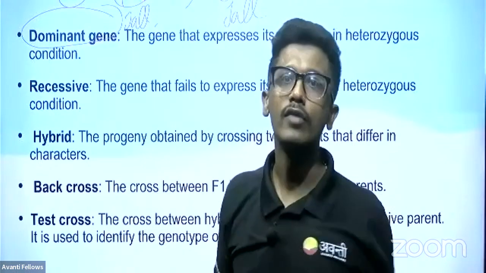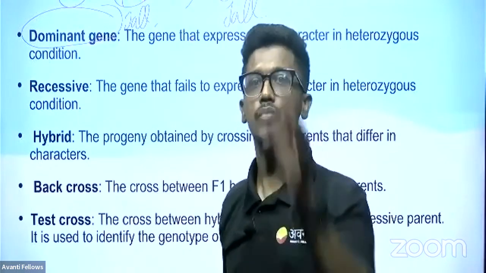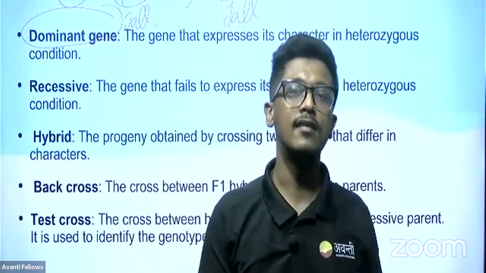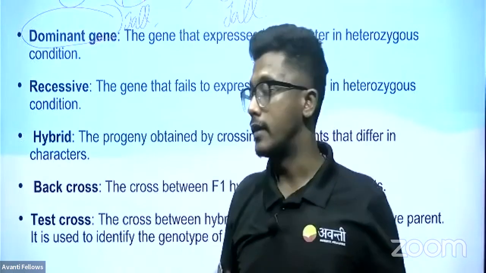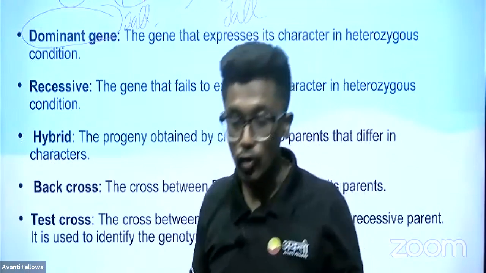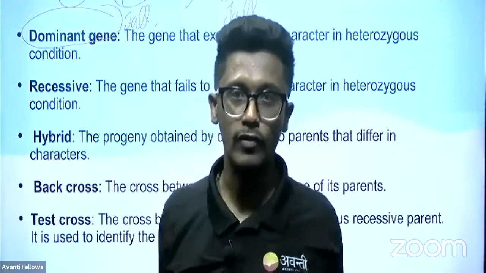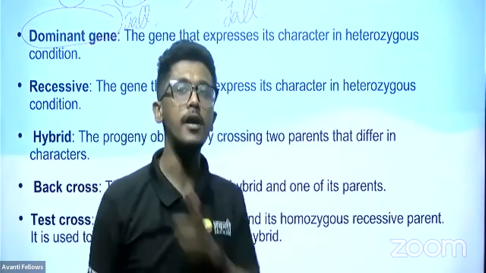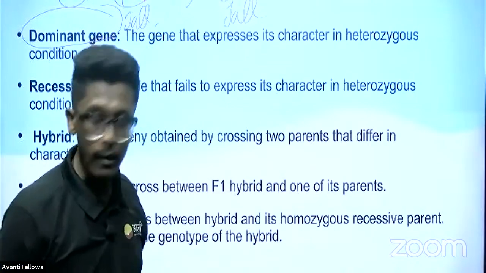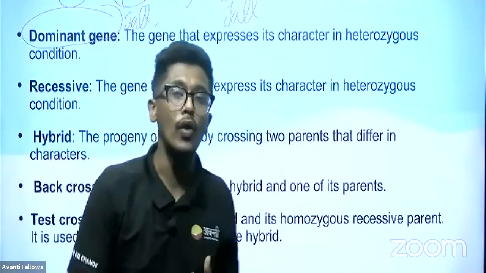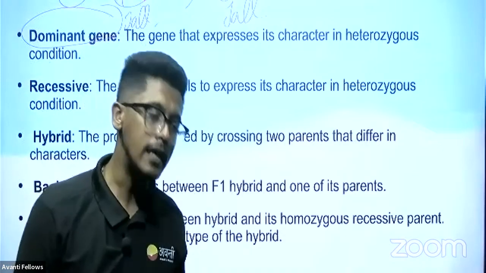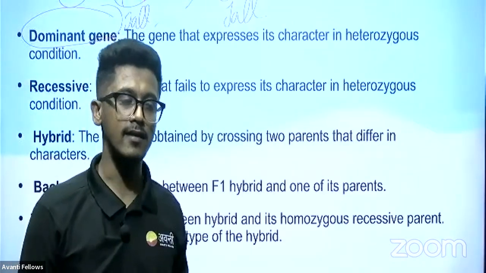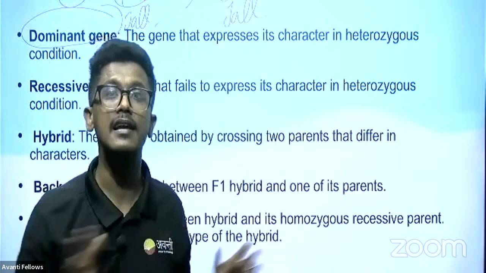So when they are in heterozygous form, one of the alleles will express and the other will not express. The expressing allele, which shows its complete expression of the characteristics, is called a dominant allele. When I talk about dominance, there is no intermediate to it. You cannot even differentiate whether it is homozygous or heterozygous. It's as clear as that.